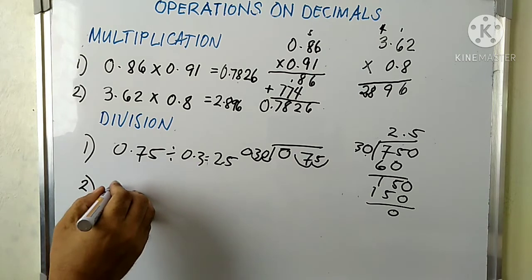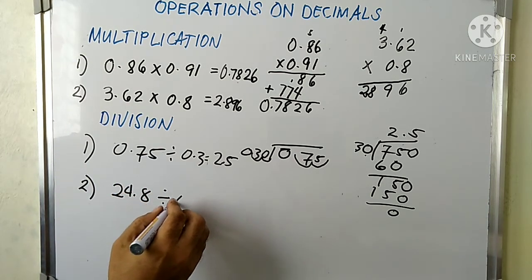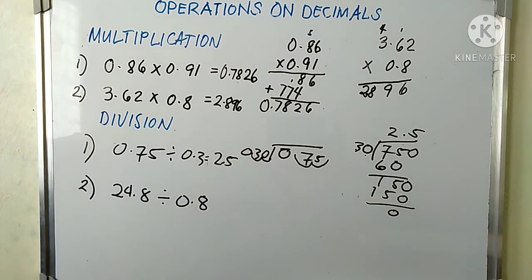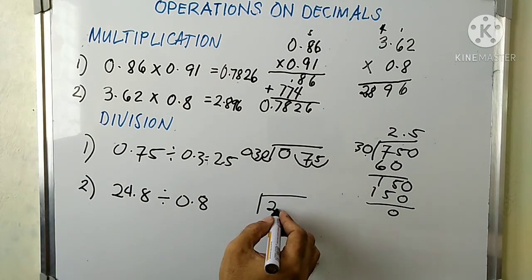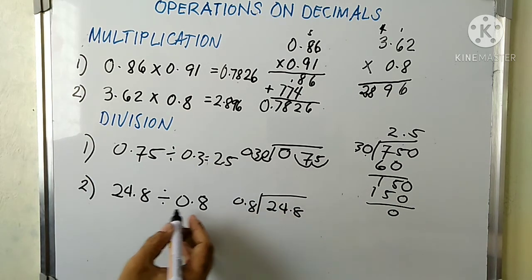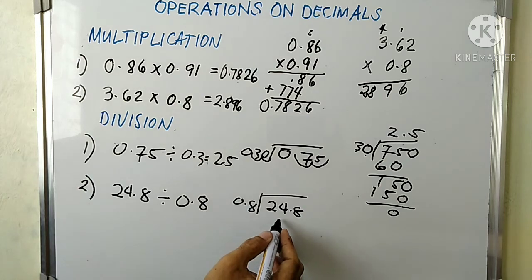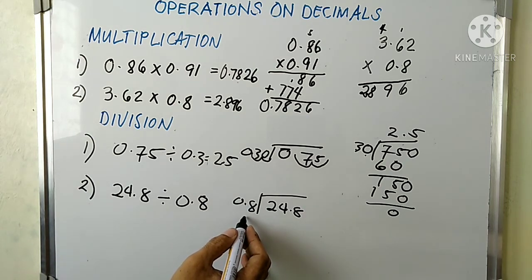Next, we have 24.8 divided by 0.8. So we have to write it this way. 24.8 must be inside and 0.8 must be our divisor.